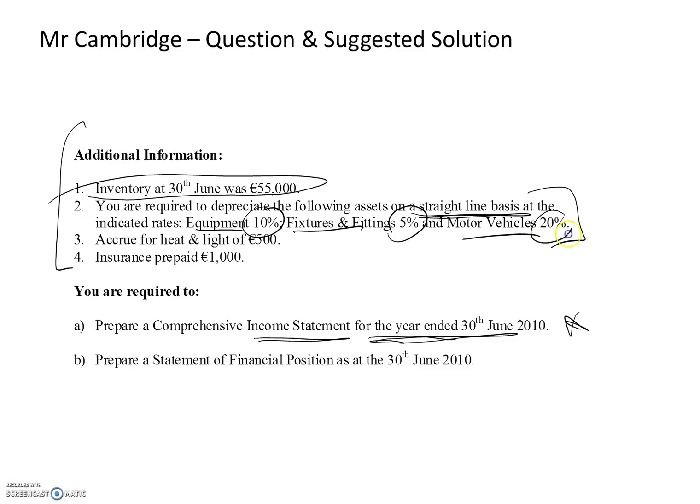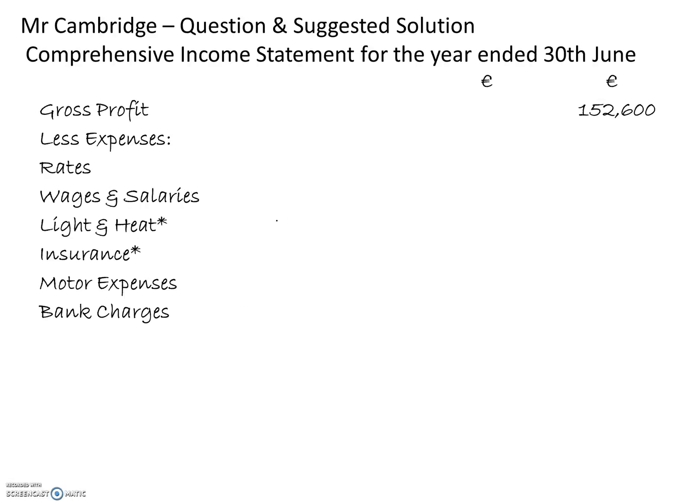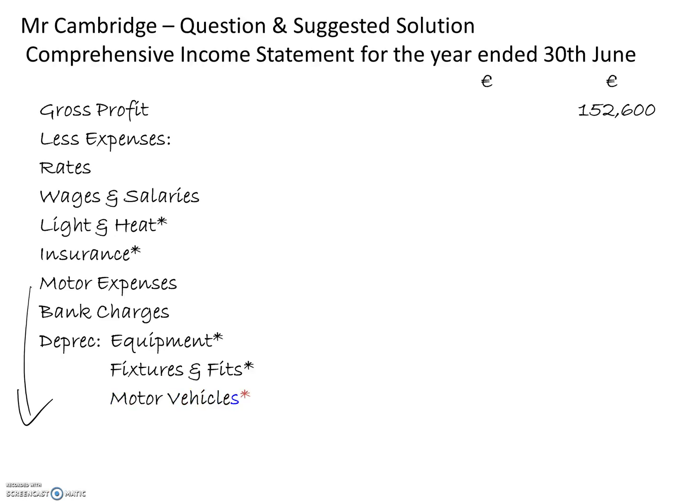And on the motor vehicles it's 20% on the original cost. Moving back to the trial balance, there's the equipment at cost, the fixtures and fittings at cost, and the motor vehicles at cost. So I'll be getting percentages of each of those figures and popping them in here as my expenses. So I have depreciation of equipment, depreciation of fixtures and fittings, and depreciation of the motor vehicles.